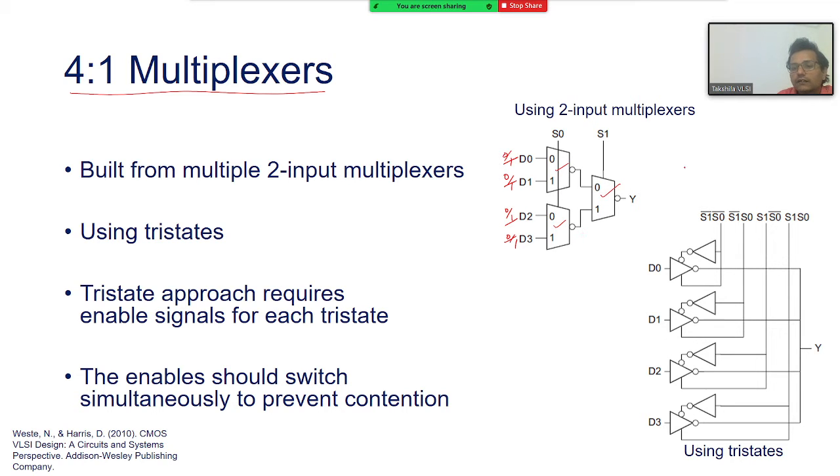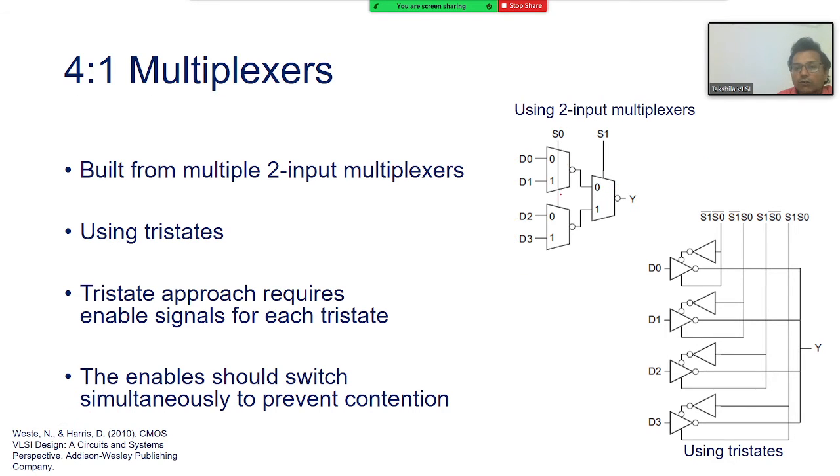These are 2:1 muxes, and each mux, as we have just seen, can be implemented using pass gates. This is a 4-input multiplexer, so 2 to the power 2, I have 4 input lines, and the control signals will be 2, S0 and S1.